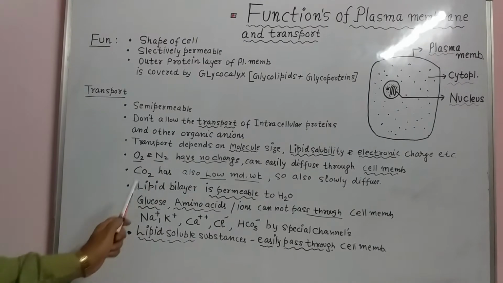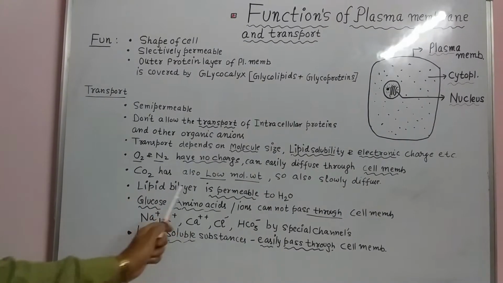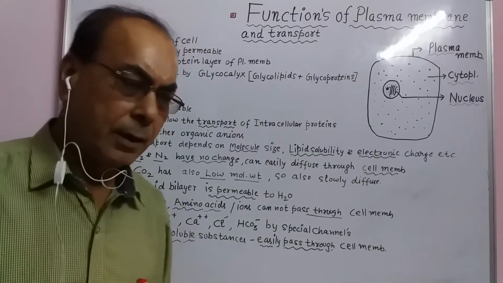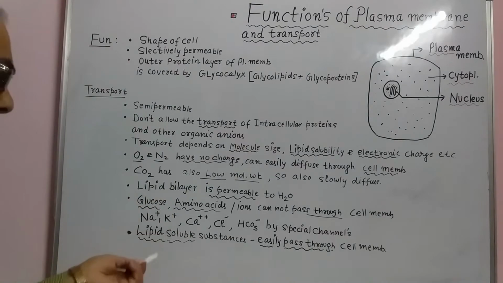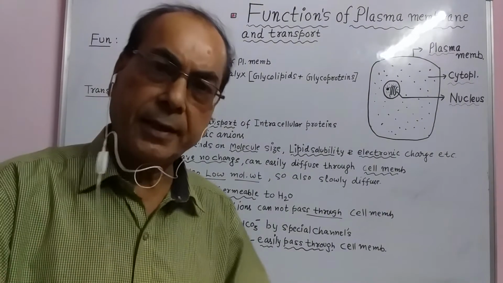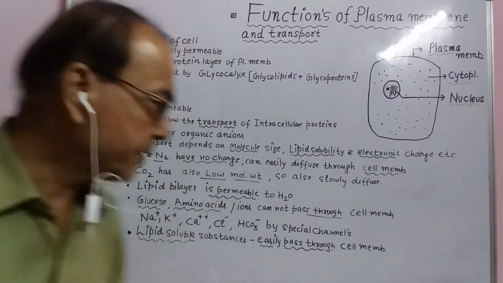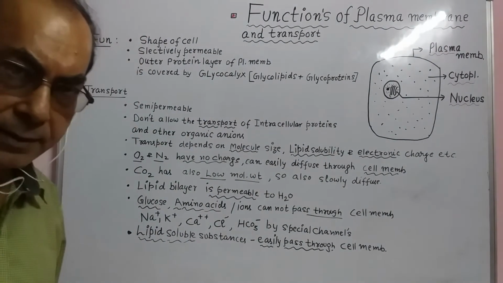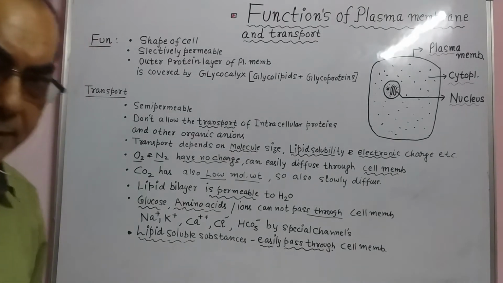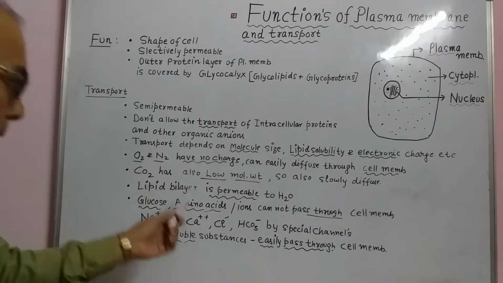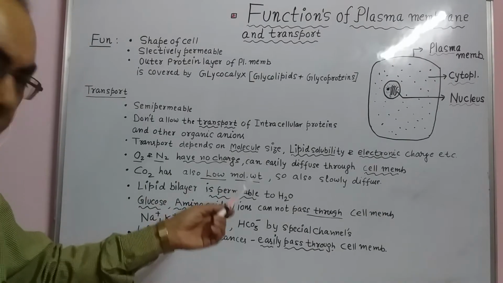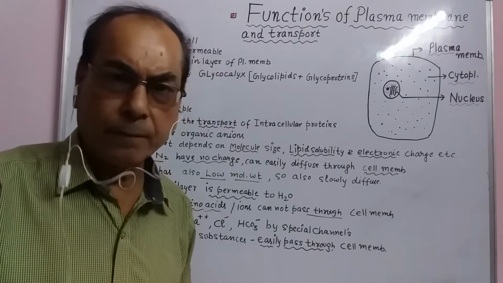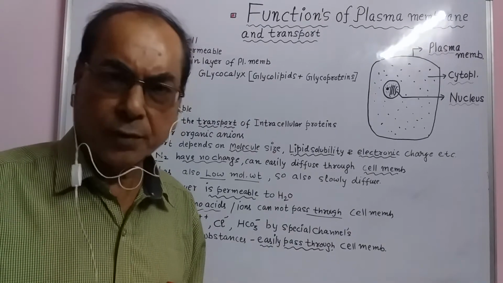Next point, the lipid bilayer is permeable to water. That means water can be transported very easily. Next, certain substances like glucose, amino acids and other ions cannot pass through the cell membrane or plasma membrane. They usually don't pass through.